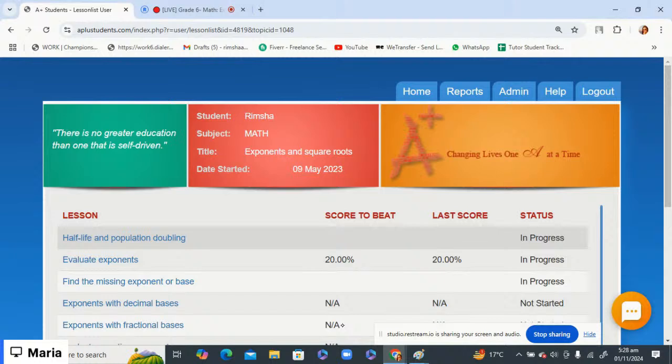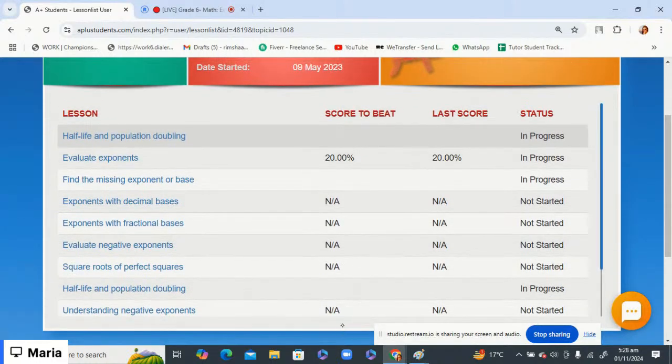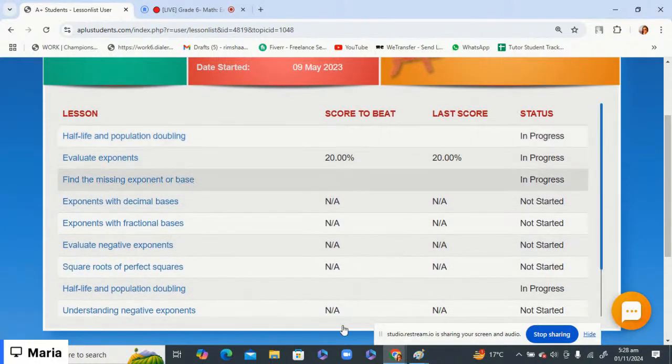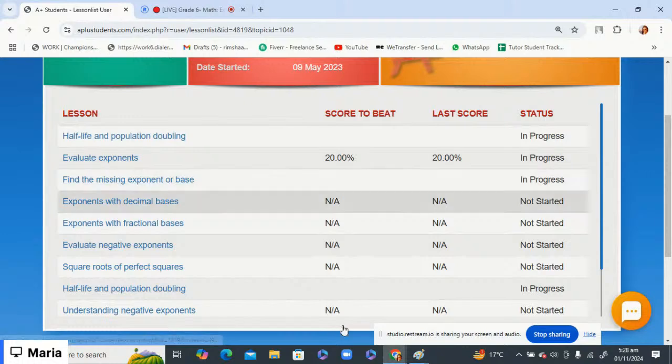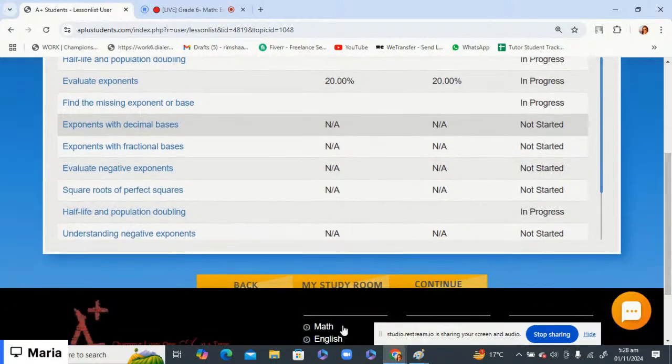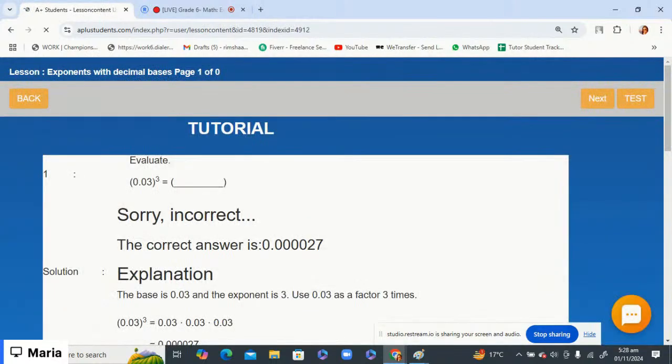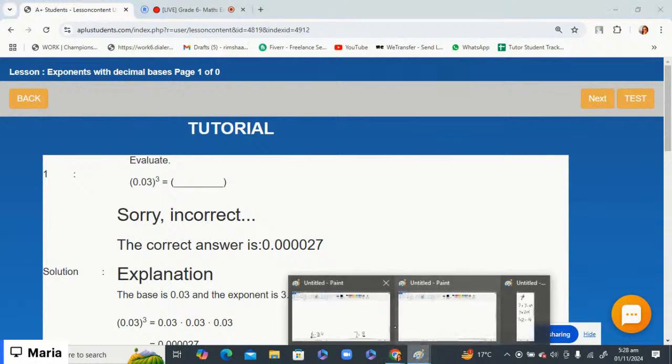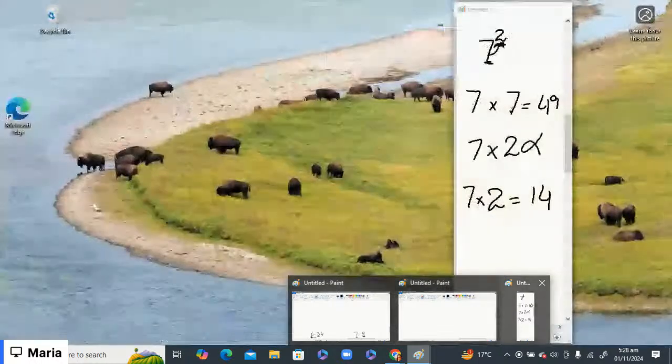So now we have done the first three lessons. We have done this one and this one as well. Now let's start this one, exponents with decimal bases. So how can we solve this one? This is the same thing just like we are doing the other questions.